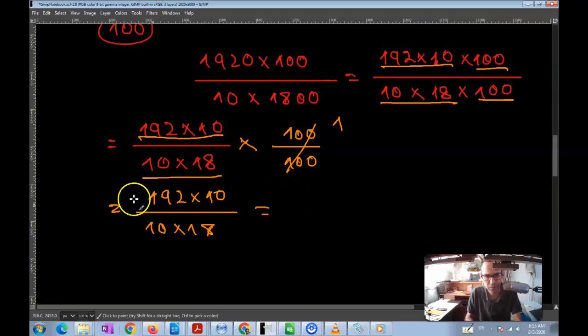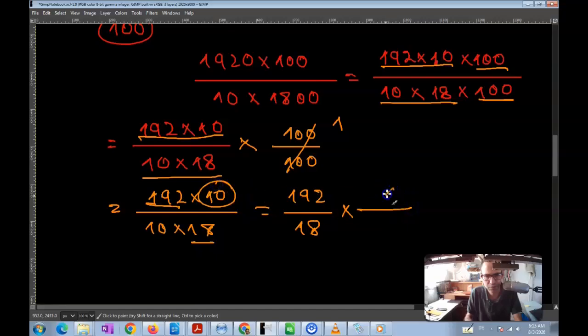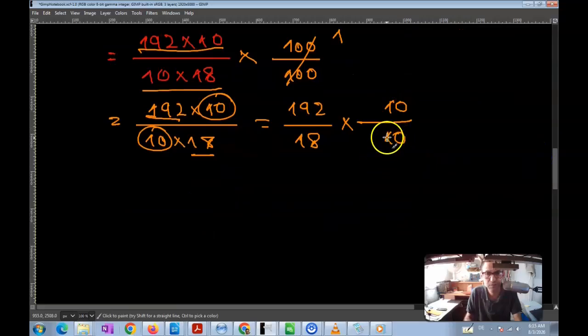Then we can write this as 192 divided by 18, multiplied by 10 over 10. And of course you know that 10 divided by 10 is equal to 1, or you could say that you can simplify the two tens from the numerator and the denominator. So this fraction becomes just 1, right?